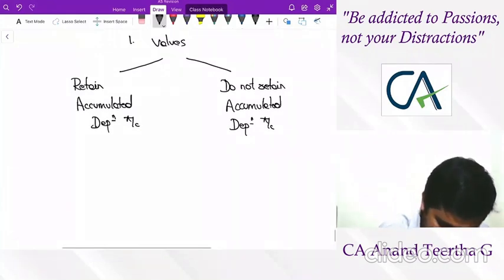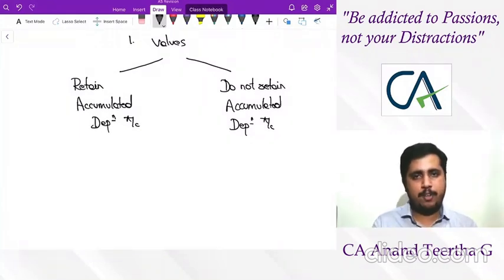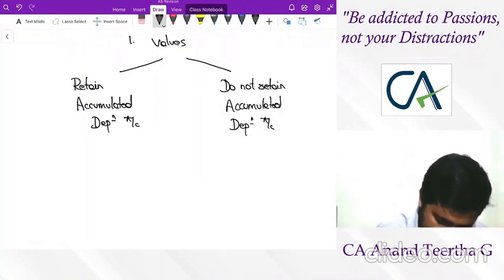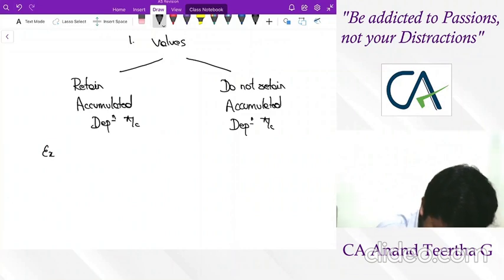I will go with one example which I will try to apply for both situations. Say, first example, let's assume that the gross block of the asset is 1000 rupees.